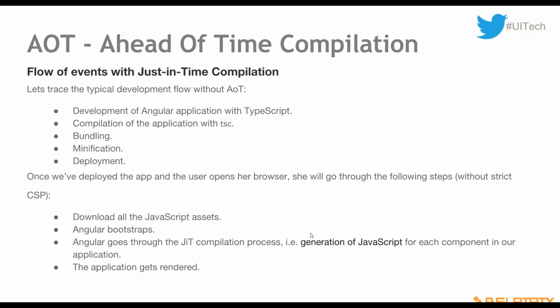Let's see how the flow is when using AOT. We developed the Angular application using TypeScript as well. We compile the application using NGC, that is the Angular compiler, that will perform the compilation of the templates with the Angular compiler, and generates usually TypeScript, and then the compilation of TypeScript code to JavaScript.